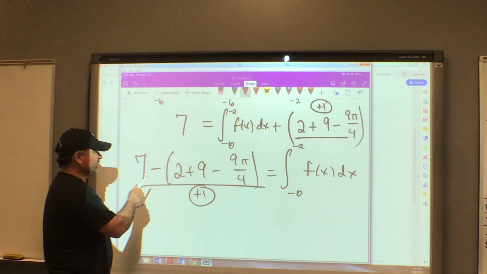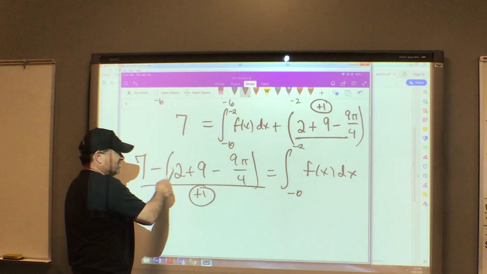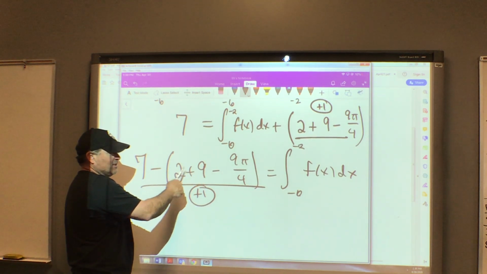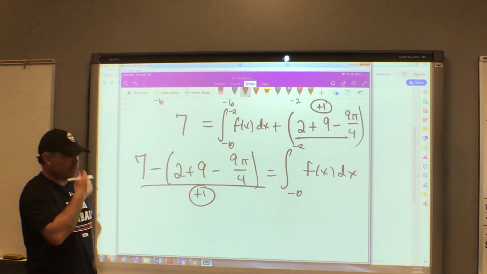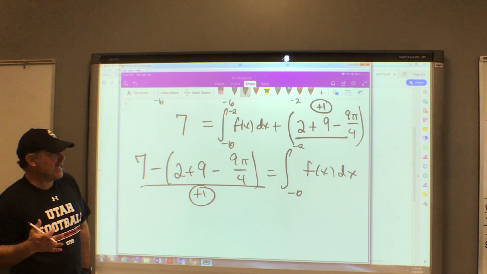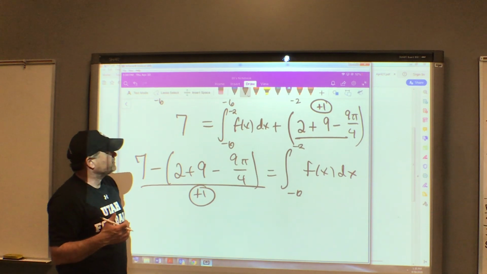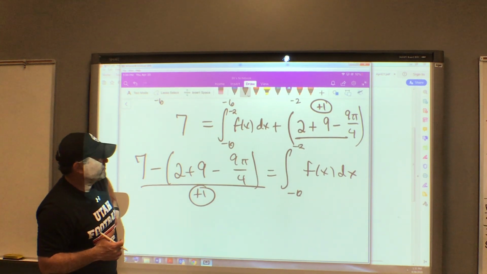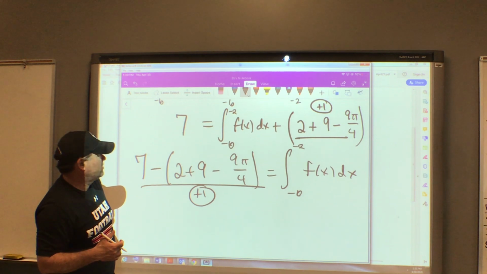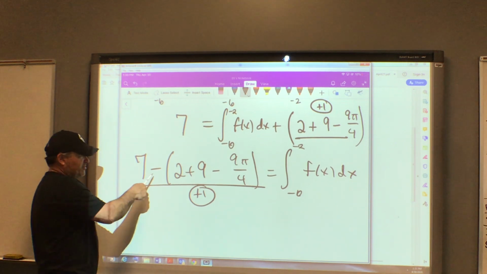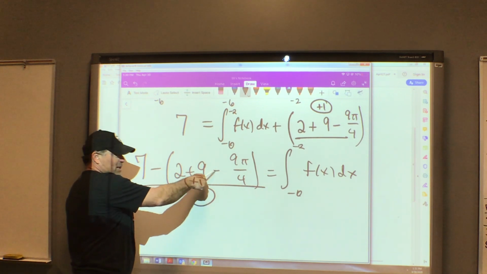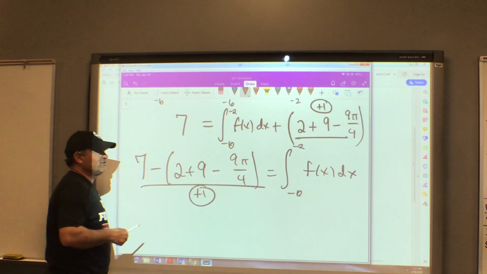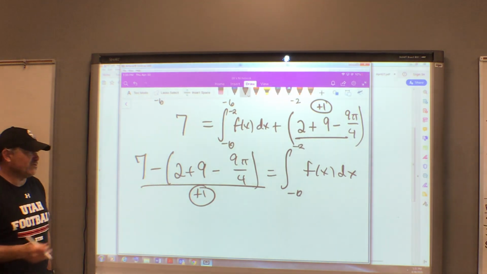Now, many of us put it as, let's see, that's going to be 2 plus 9, 7 minus 11. So 11 minus 9 pi plus 4, or 9 pi over 4. Okay, something like that. Oh, and then notice too, minus a minus, it would actually be negative 4 plus, because we'd be a negative times a negative, so it'd be negative 4 plus 9 pi over 4.